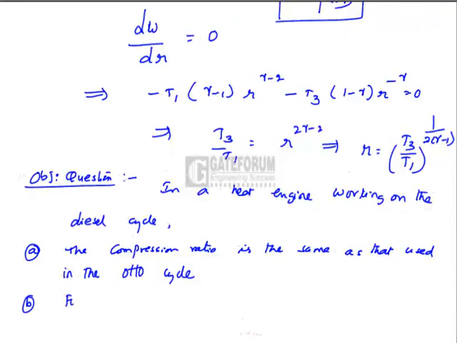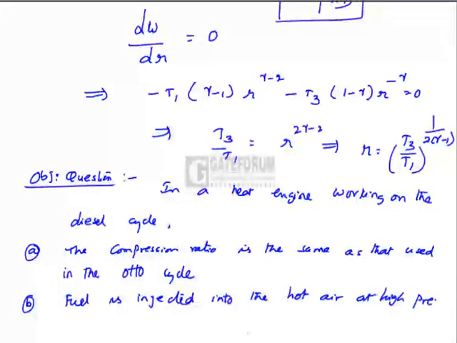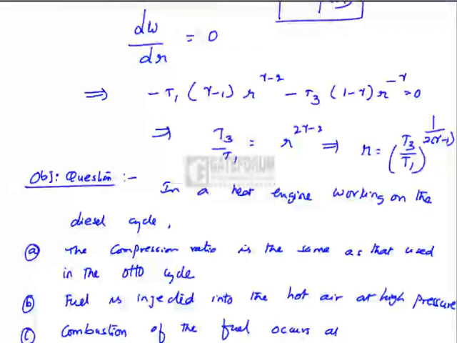Option B, fuel is injected into the hot air at high pressure. C, combustion of the fuel occurs at constant pressure.